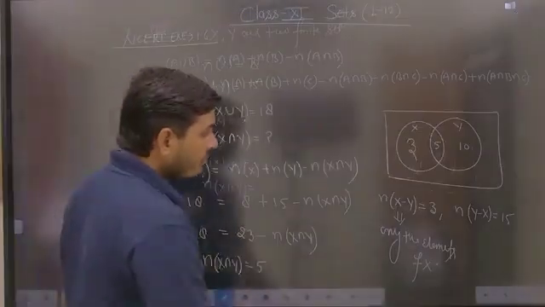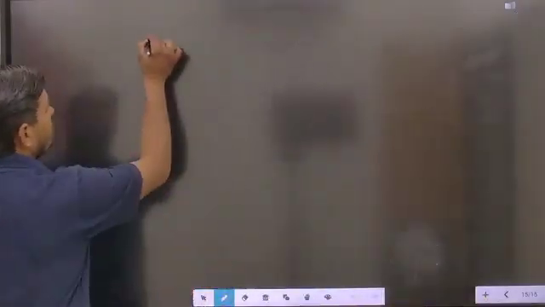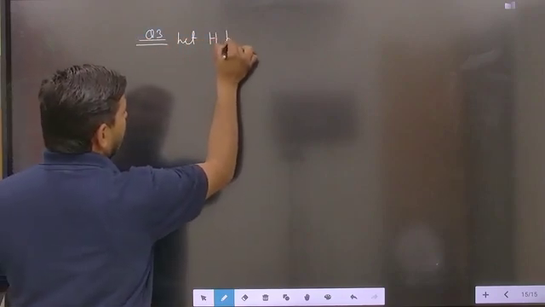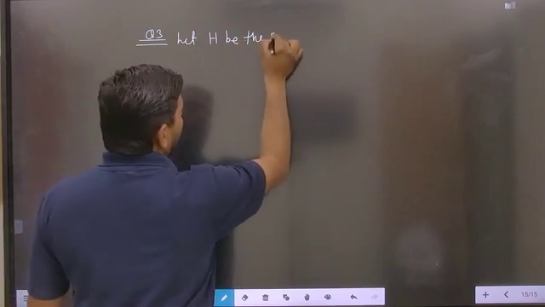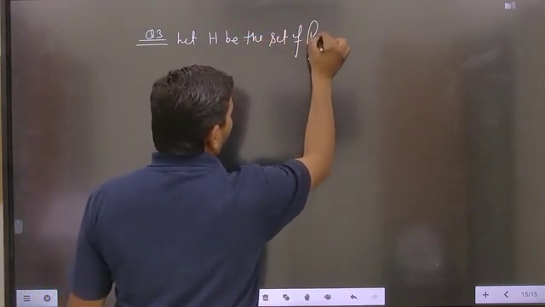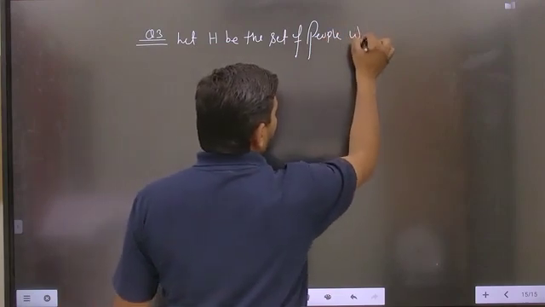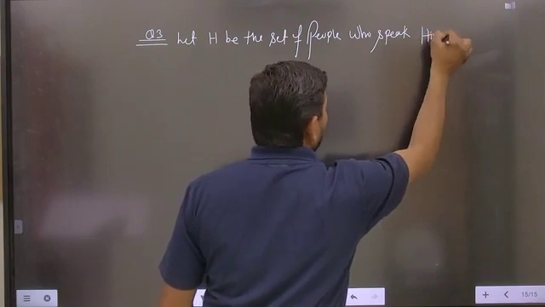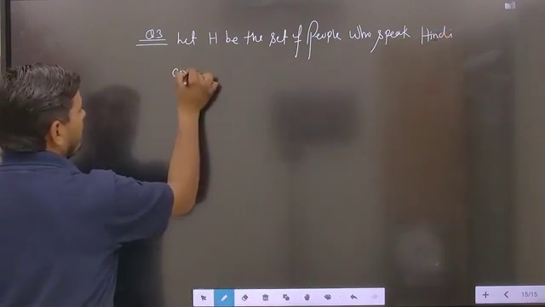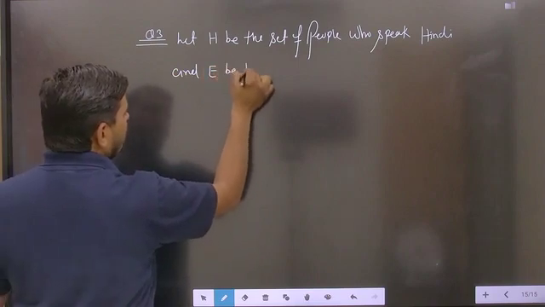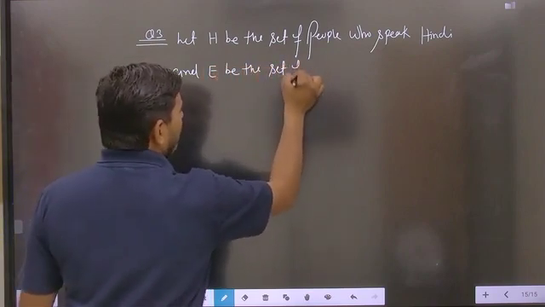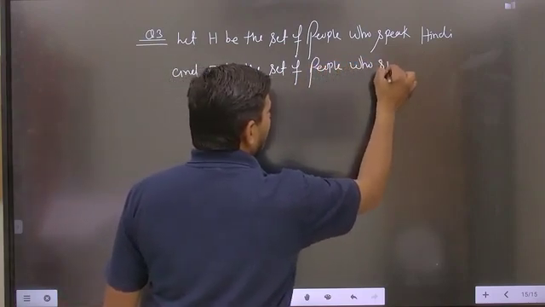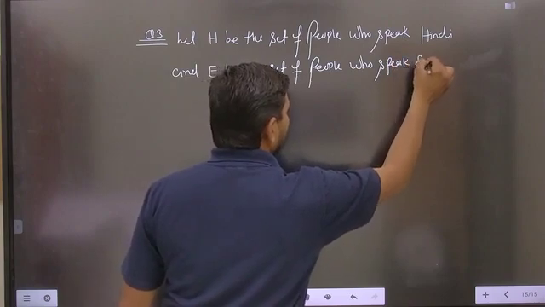So in question number 3, let H be the set of people who speak Hindi, and E be the set of people who speak English.